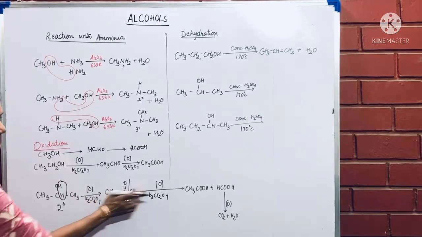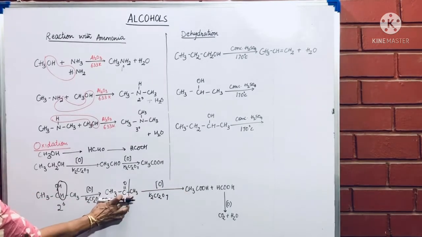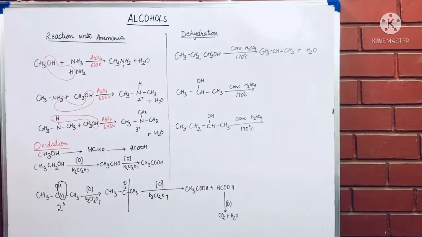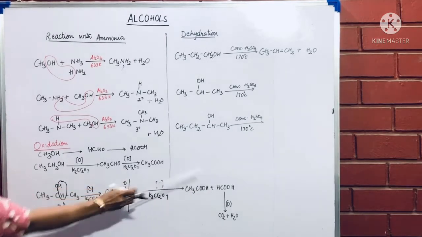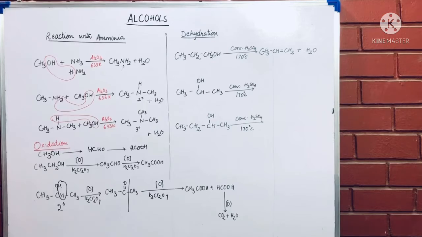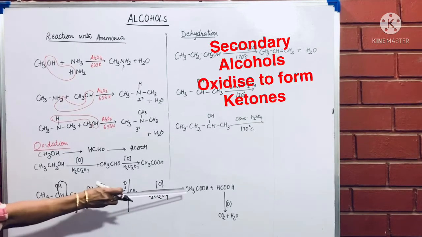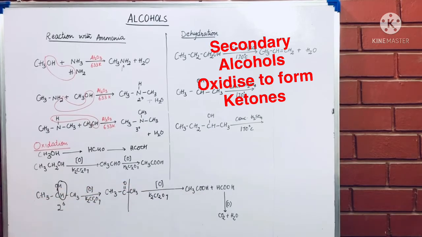CH3COOH, 2 carbon atoms acid, 1 carbon atom is left on this side, so formic acid. So acetic acid and formic acid are formed, out of which formic acid also breaks into carbon dioxide plus water vapor. So when secondary alcohols oxidize, they give you ketones, which further change into 2 acids.